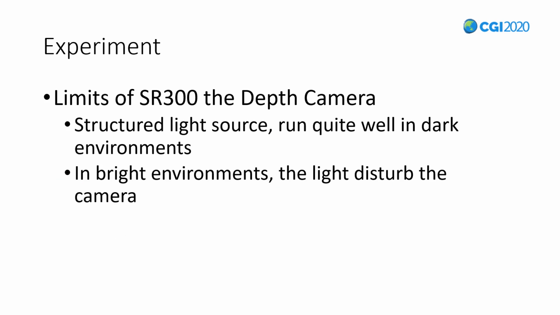As the RealSense SR300 uses active near-infrared light as its structured light source, it runs quite well in dark environments. However, when faced with bright environments, such as outdoor scenes, the light will disturb the camera heavily. It can barely recognize the whole palm at a distance of 20 to 30 centimeters.